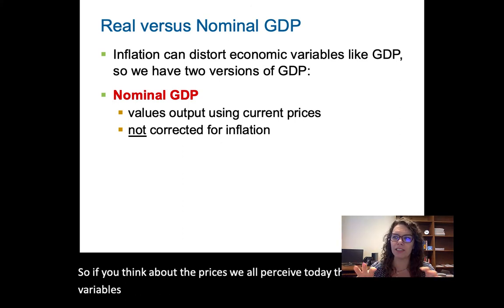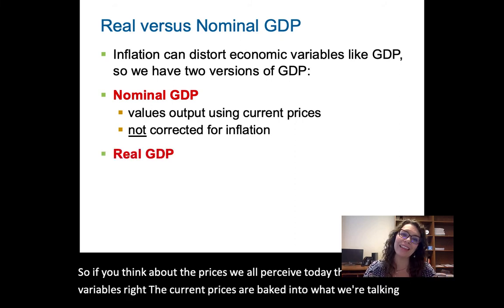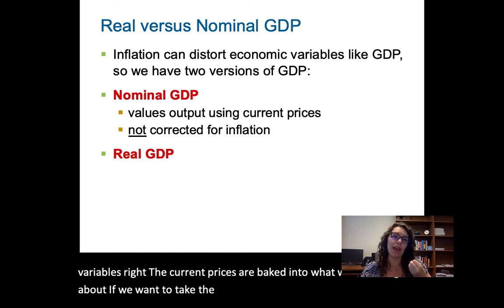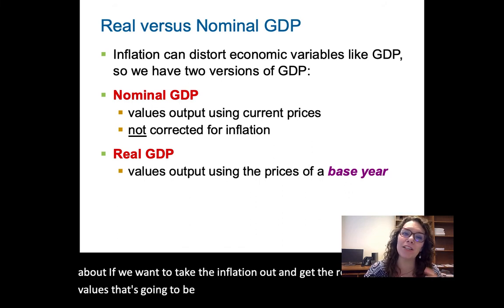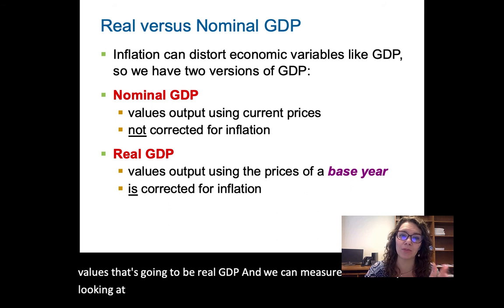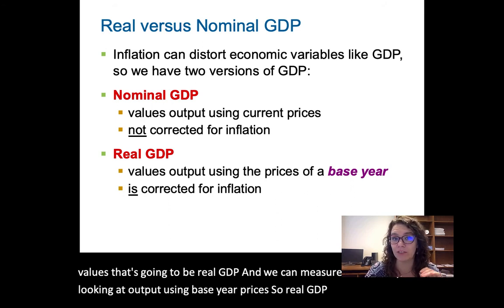The current prices are baked into what we're talking about. If we want to take the inflation out and get the real uninflated values, that's going to be real GDP. And we can measure real GDP by looking at output using base year prices. So real GDP is going to correct for inflation.